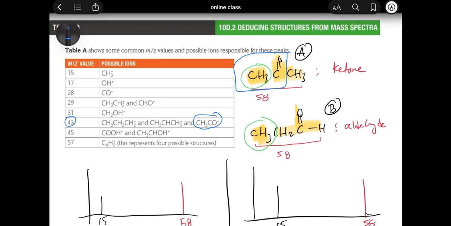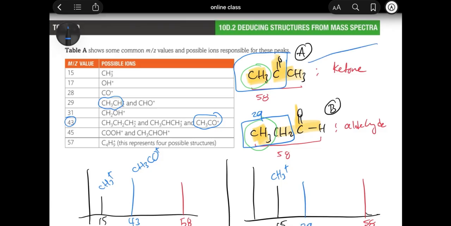So possibly in A, we could have another 43 fragment, which represents CH3CO positive, and this one here is CH3 positive. If you look at B, we could have another fragment like CH3, CH2, which is almost like this one here, which is 29. So possibly in B, we could have a fragment at 29.